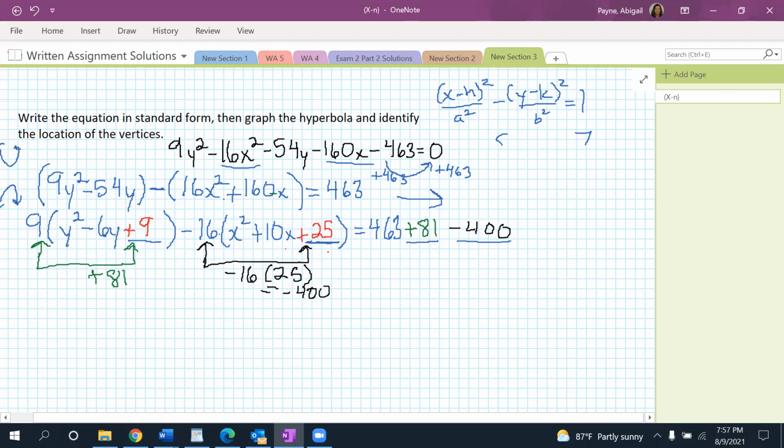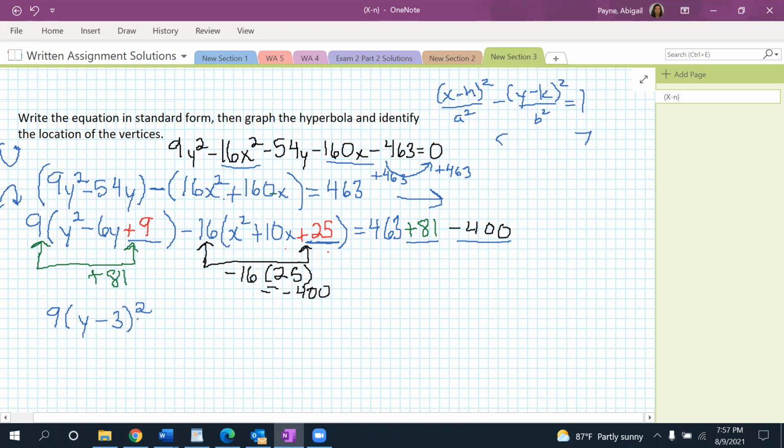So whatever you put in the parentheses, you have to multiply it by that number out front to figure out what you have really added to the left side and make sure it's the same quantity on the right side. All right, so if I clean this up, this is 9 times y squared minus 6y plus 9. If you factor this, 2 numbers that multiply to give you +9 and add up to -6 are -3 and -3.